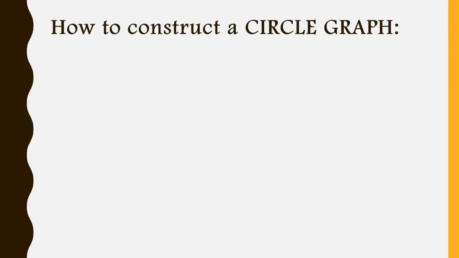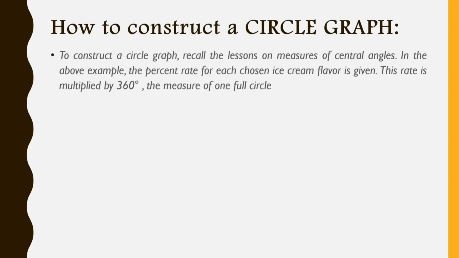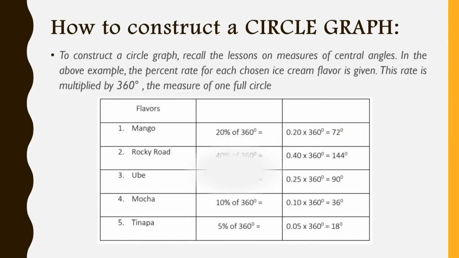Now, how do we construct a circle graph? It says there, to construct a circle graph, let us recall the lessons on measure of central angles. In the example below, the percent rate for each chosen ice cream flavor is given. The rate is multiplied by 360 degrees.